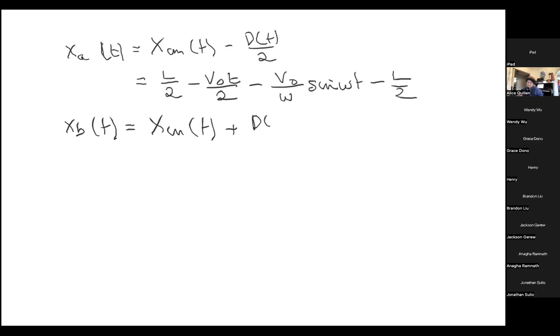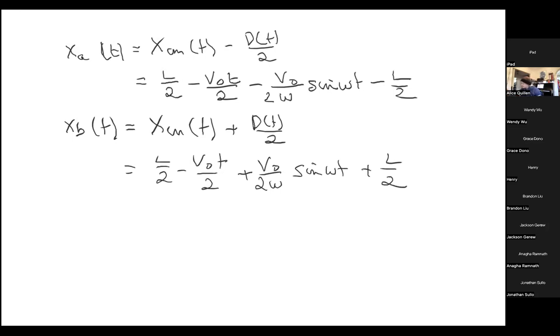It's plus D over 2, which is equal to L over 2 minus V0 t over 2. Yeah, there's probably a 2 here. Plus V0 over 2 omega sine omega t plus L over 2. So I think there's a mistake in my notes. Okay, so that's the solution for both masses' positions at all later times.